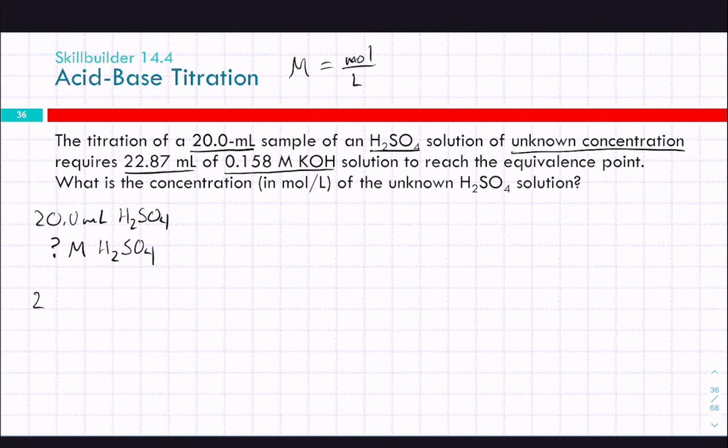Okay, so we used 22.87 milliliters KOH with a concentration of 0.158 molar KOH. All right, so we've distilled this entire word problem down to these 4 numbers.